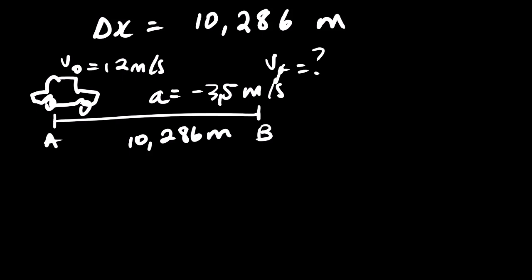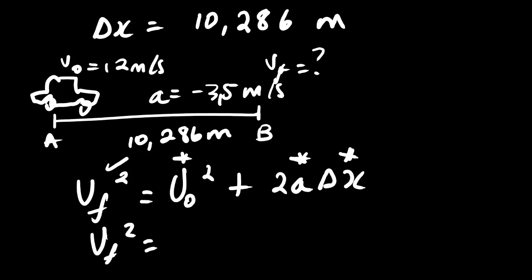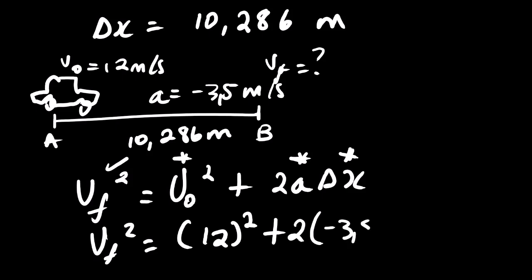So we go back to the equations of motion, or we can use the very same equation with change in x. We are looking for this, we have this, we have this, and we have also this. So VF squared is equal to the initial velocity 12 squared plus 2 multiplied by negative 3.5 multiplied by 10.286.